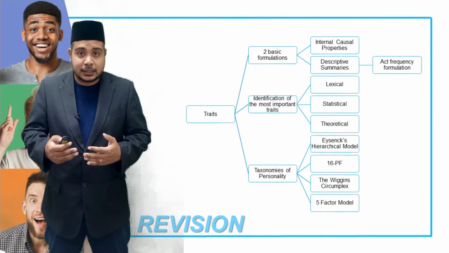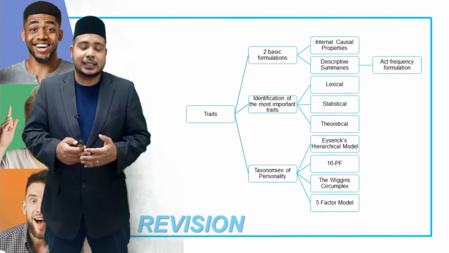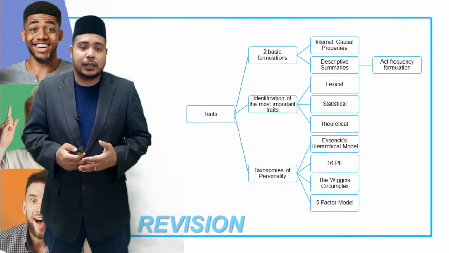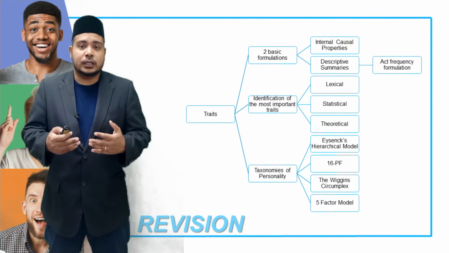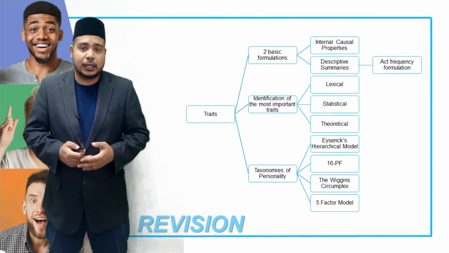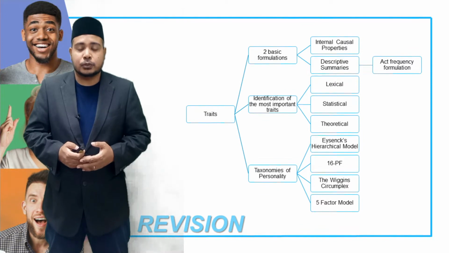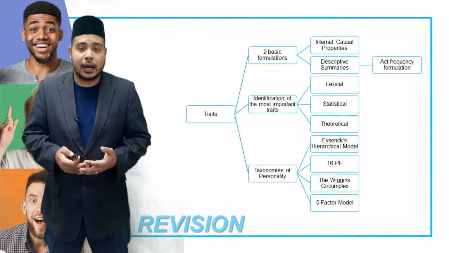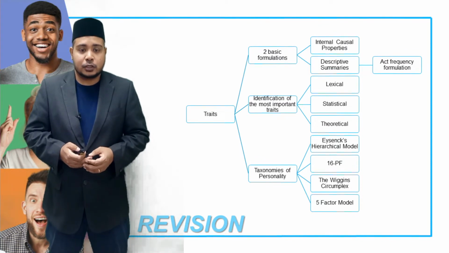Secondly, the statistical approach, which is based on statistical formulas and calculations to identify which among all of those traits are important. And lastly, the theoretical approach, whereby important personality traits are defined or categorized by a certain theory.